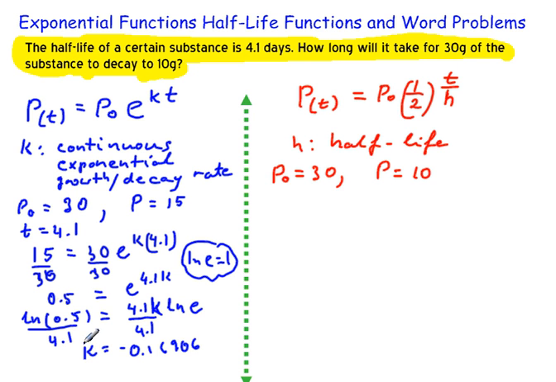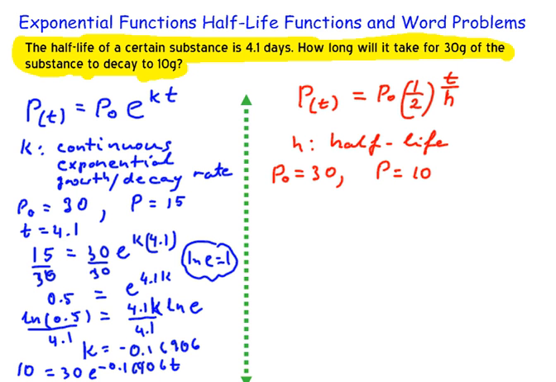So now the rate is figured out, and now we have to find the time that is needed for 30 grams to shrink into 10 grams. So now you'll find that the left side is 10, the right side is 30, and this is e to the negative exponent 0.16906 times t.